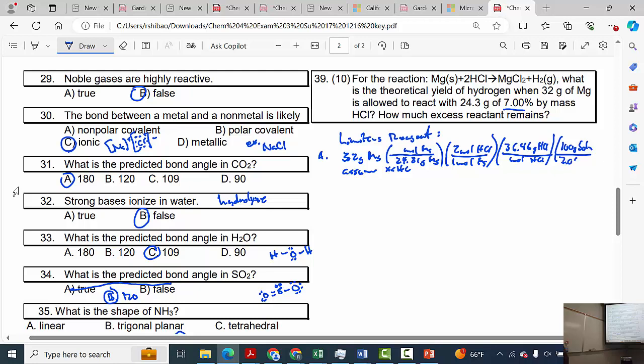All right, but we don't have pure HCl. We have 7.00% by mass HCl solution. So what that means is for every 100 grams of solution, we have 7.00 grams of pure HCl. And so that's going to give us how many grams of solution we have.